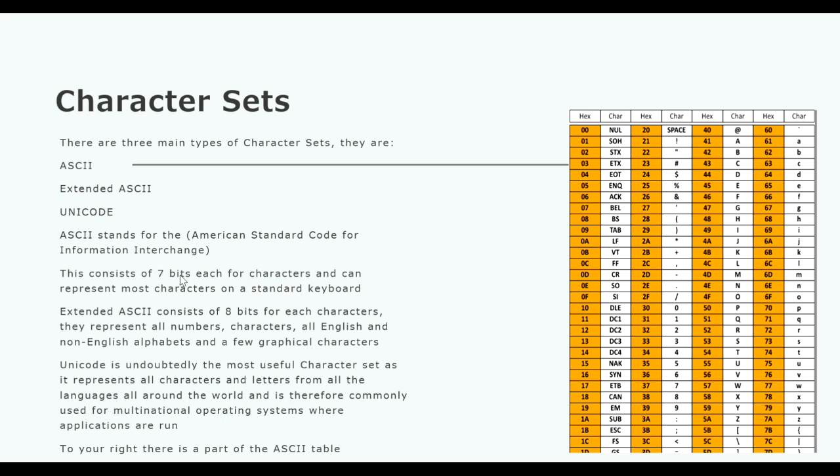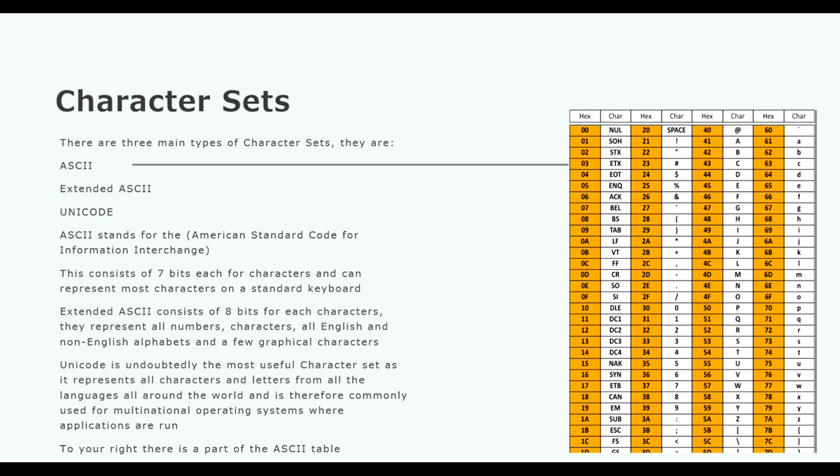This consists of 7 bits. 7 bits are like a unit for memory. We'll be getting onto it later when we talk about the memory system. And they can represent most of the characters on a standard keyboard.